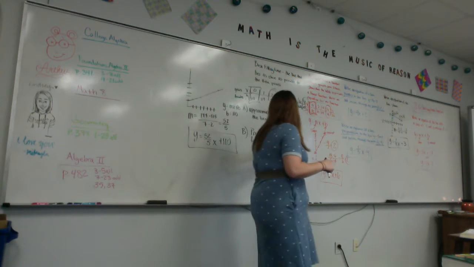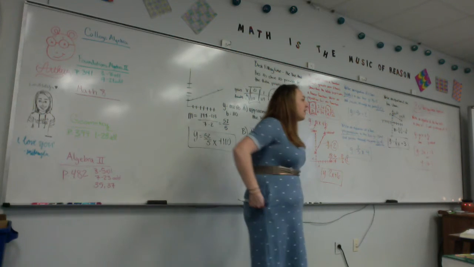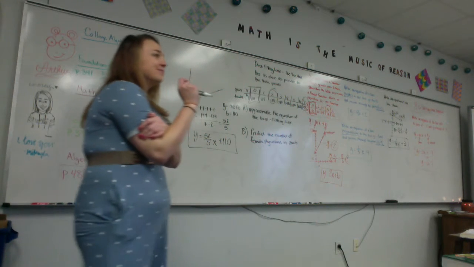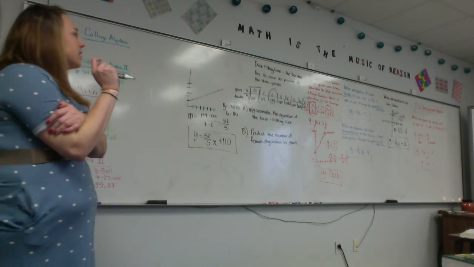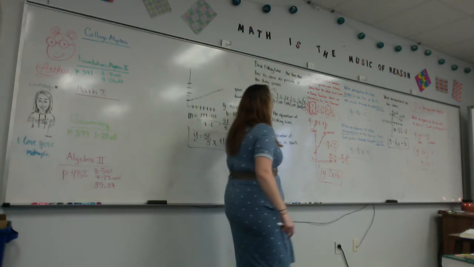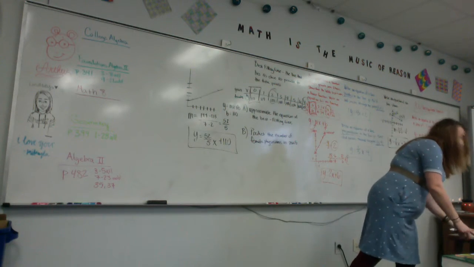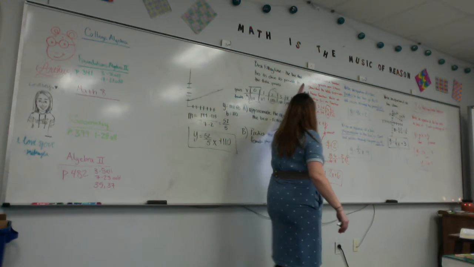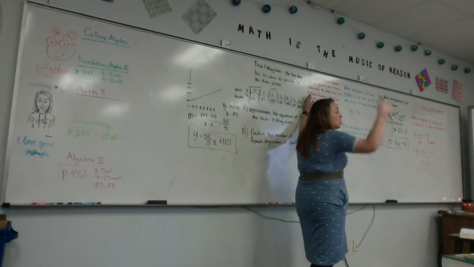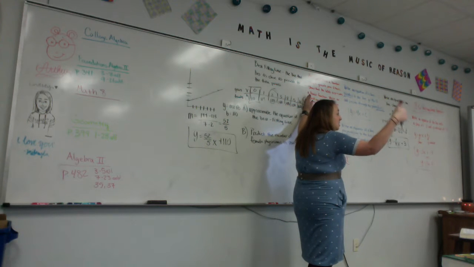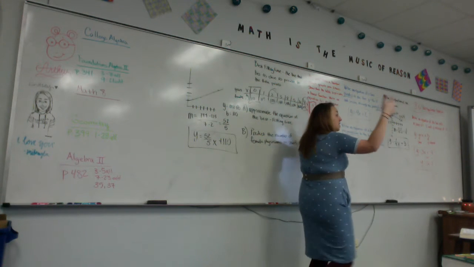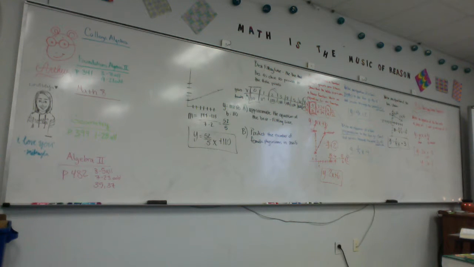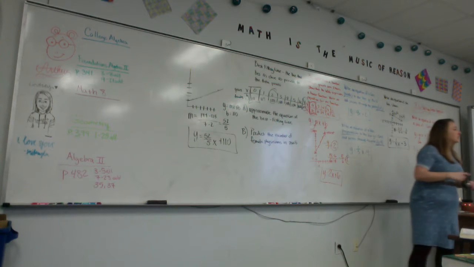Now, it says predict the number of female physicians in 2005. How would I do that? What, Carter? What year does 0 represent? 1992. So 92, 93, 94, 95, 96, 97, 98, 99, 2000 would be 8, 2001 would be 9, 2002 would be 10, 2003 would be 11, 2004 is 12, and 2005 is what? 13.